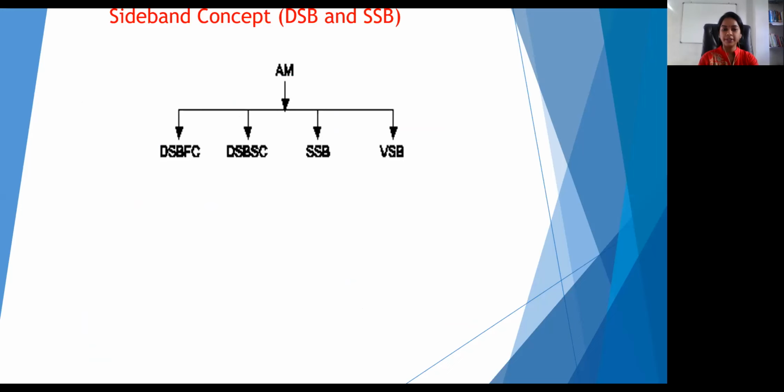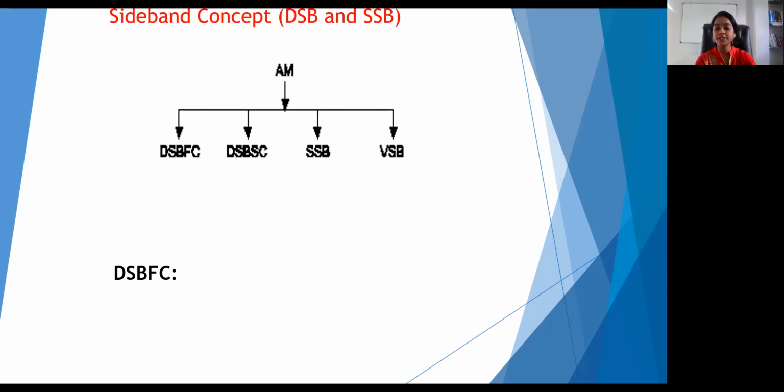Is it okay? Bandwidth is clear. Now we'll look at how the sidebands are, और कौन कौन से sidebands एम्पलीट्यूड मॉड्यूलेशन में हो सकते हैं. We have two sidebands, एक लोअर साइड बैंड है और एक अपर साइड बैंड है, पर यहाँ पे देखो क्या क्या है. Here we have double sideband, here we have single sideband, and this is single sideband suppressed carrier, this is double sideband suppressed carrier.